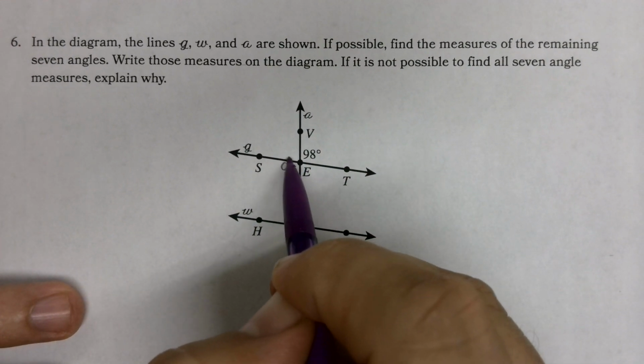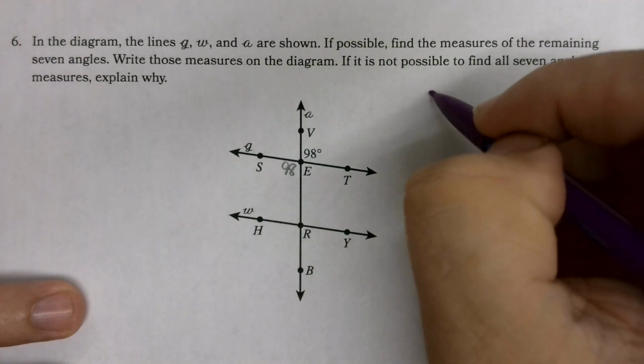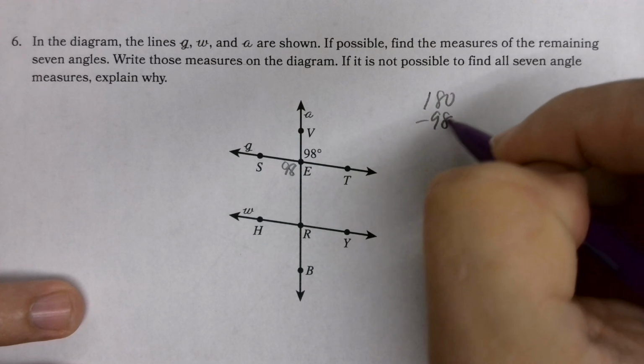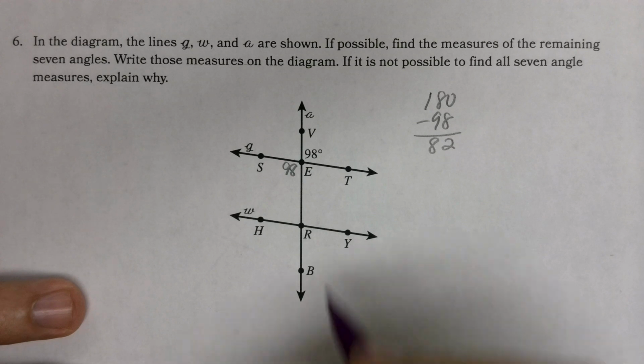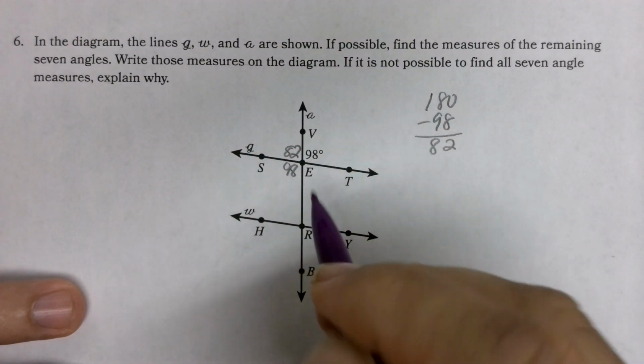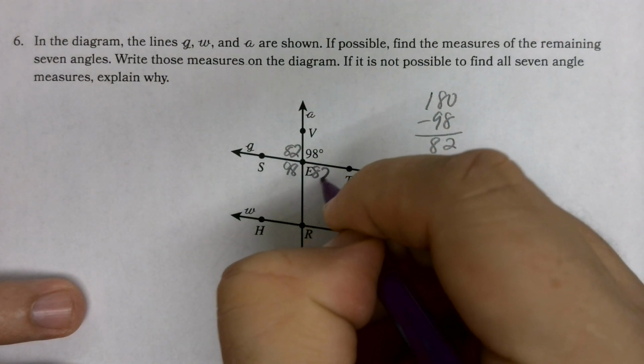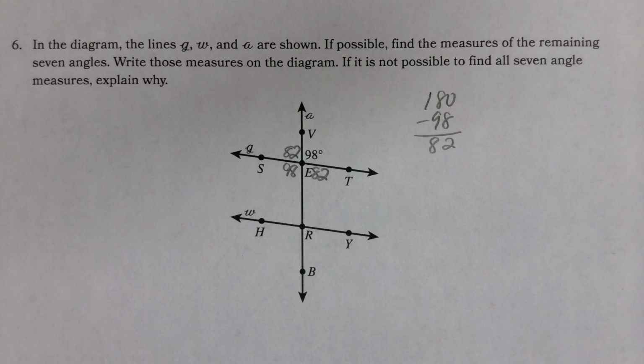And I know that I have angles on a line here. So 180 minus 98 would give me 82. So I know that angles on a line here, and I've got vertical angles, so 82. I can find those 3 angles.